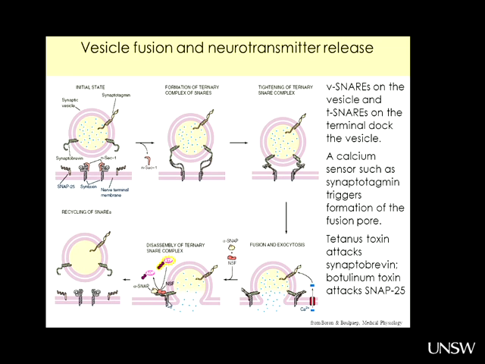Some people have got muscles that are constantly in tetanic contraction or spasm. You can use Botox there, and by attacking the SNAP25, you prevent vesicle fusion. If you can't release neurotransmitter, the muscle can't contract, and so the spasms go away. Because the terminal is so far away from the soma, it takes weeks or months before you get enough SNAP25 back in the terminal for that muscle to start contracting again.